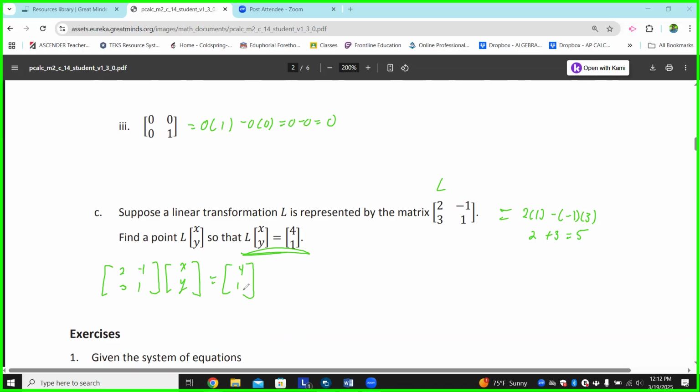So recall, to find an inverse, I'll just call it L inverse for now for your notes' sake, is 1 over AD minus BC, switch the D and the A, change the sign of the B and the C. All right, that's what you had to do on your test, and this is what we're doing here today.